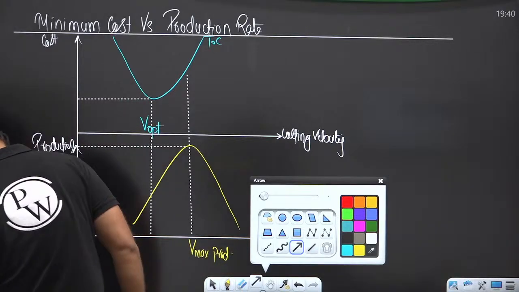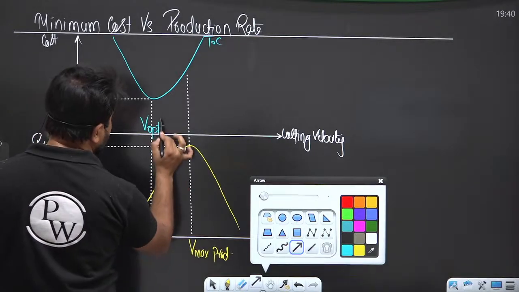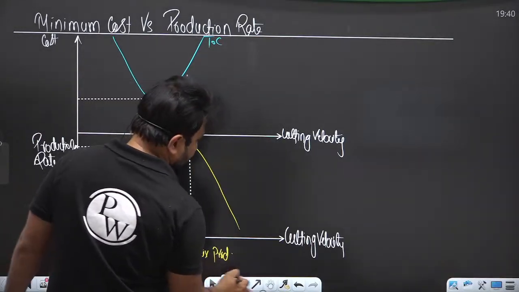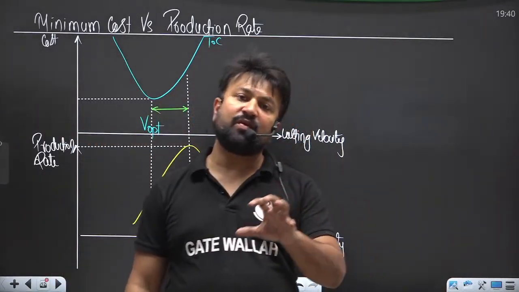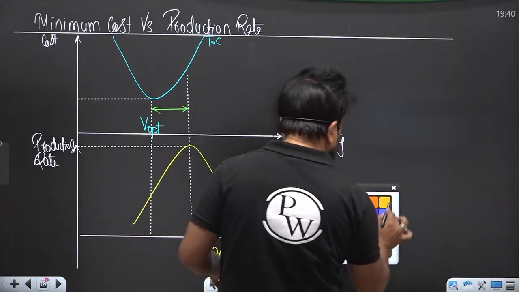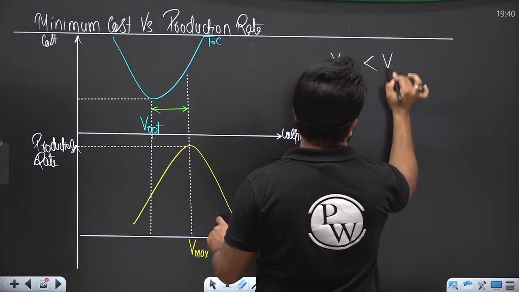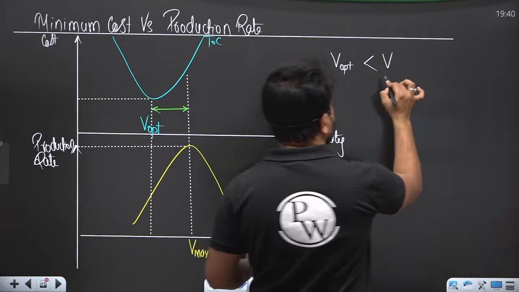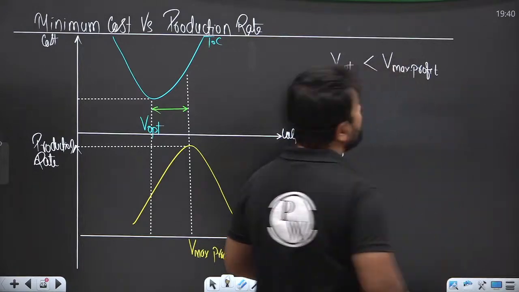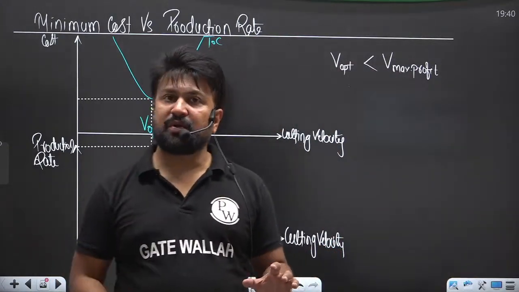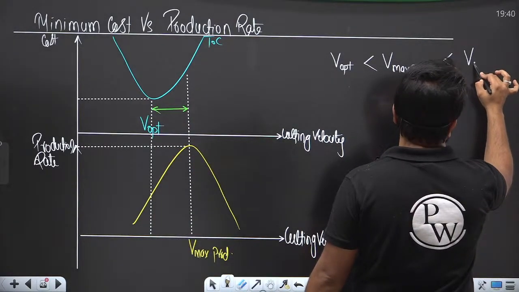Basically, your profitable working velocity must lie in between those two. The velocity at which you get the maximum profit will lie in this range, between the optimum velocity and the maximum production velocity.